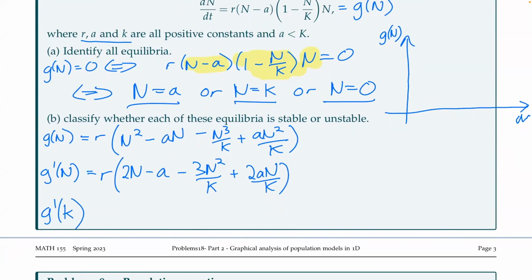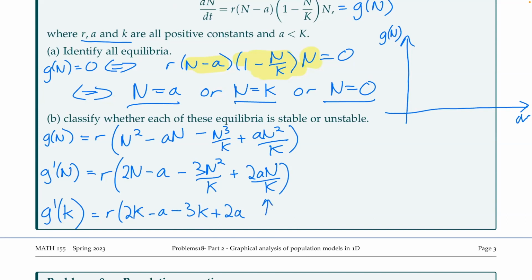So what is this g prime when n is equal to k? We're going to have r times by 2k minus a minus 3k plus 2a. Notice here that we had a k on the bottom. So when we do n squared, we have k squared divided by k, so it's just going to be k.